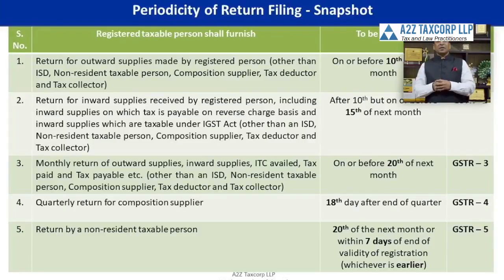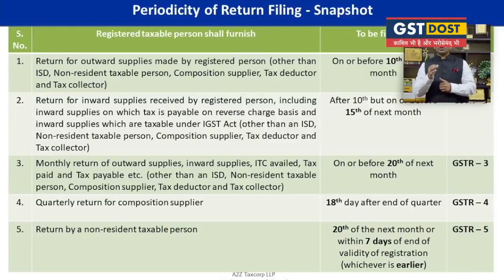Then comes the return to be filed by a non-resident taxable person, GSTR 5, by 20th of next month or within 7 days from the end of the registration certificate, whichever is earlier. Who are non-resident taxable persons?